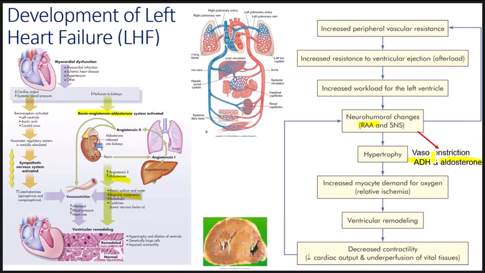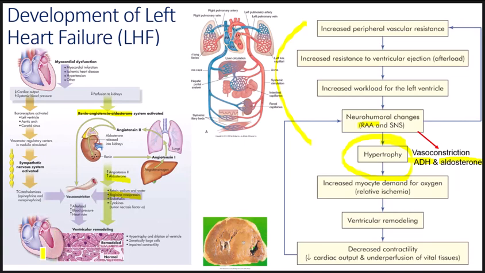Remember that ADH is produced by the hypothalamus and stored in the posterior pituitary gland, that's within the brain, and then it will travel from there to the kidneys to have its effect. But this constant strain on the heart will lead to hypertrophy. You can see the hypertrophy again here.